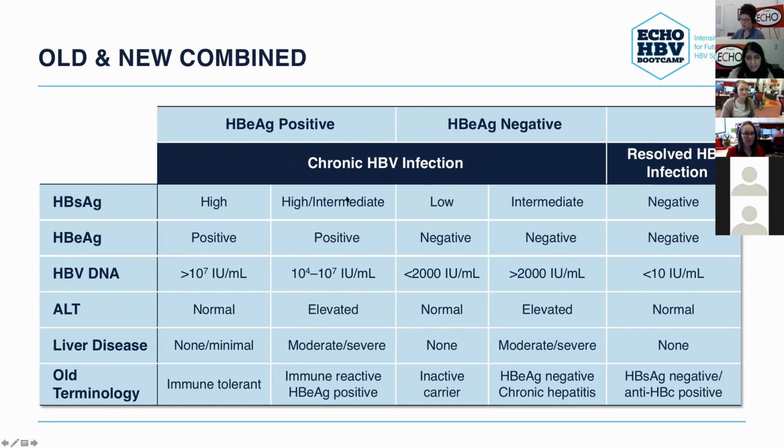And it was always tricky, because not everybody lines up into one of these columns very nicely. Sometimes your ALT might be normal, your viral load's not quite above 10 to the 7th IUs, but you're E antigen positive. That's just one example.